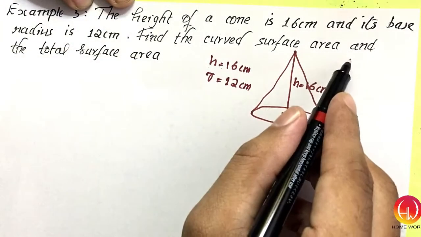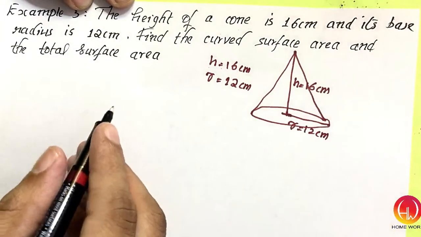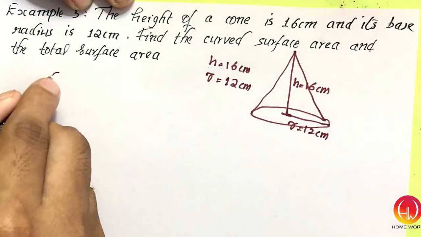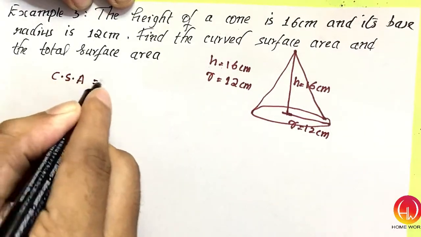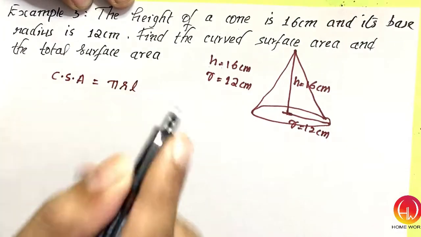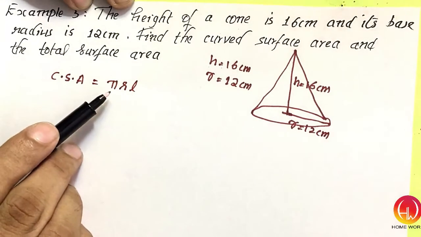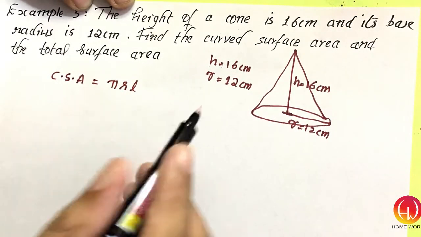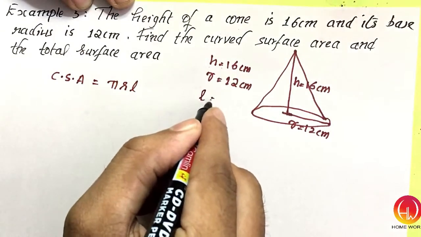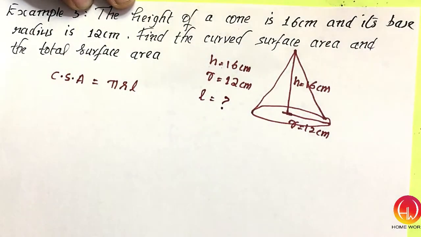Find the curved surface area and the total surface area. Curved surface area CSA equals pi r l. To find CSA we need both radius and slant height. But in this question, slant height is not given. So how to find slant height?